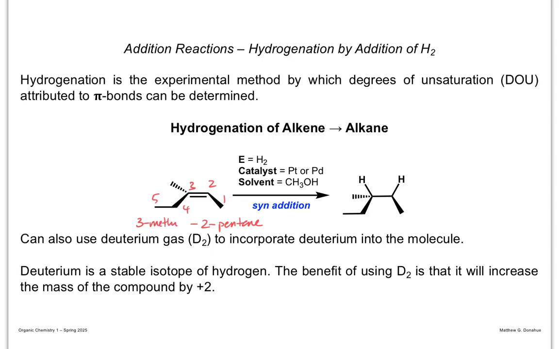And then we also have some geometry to deal with, and so this would be cis-3-methyl-2-pentene. For this one, we don't really need to talk too much about the mechanism other than to say the electrophile H2 is adding across carbons 2 and 3. That's going to result in the production of an alkane.